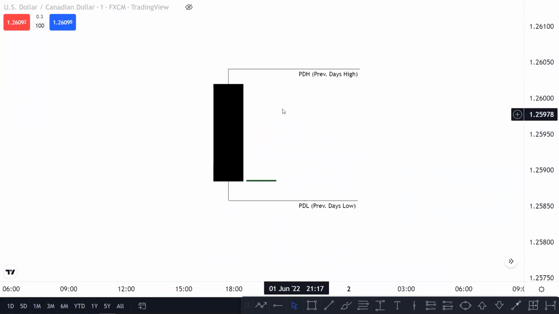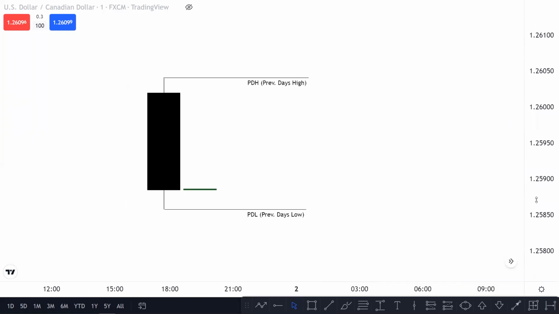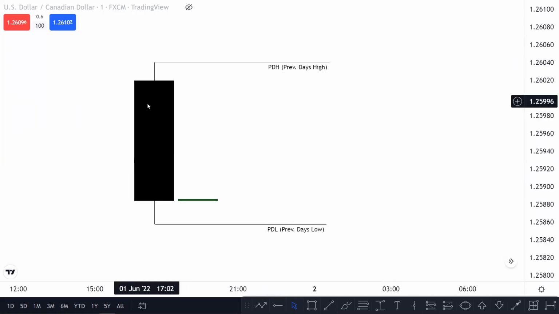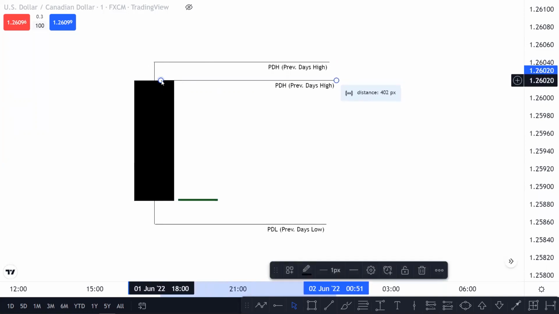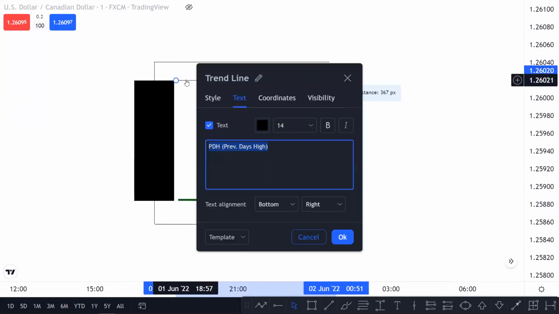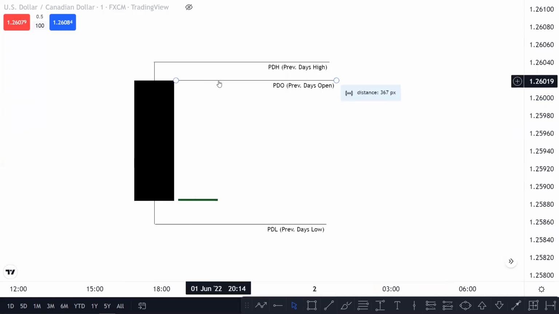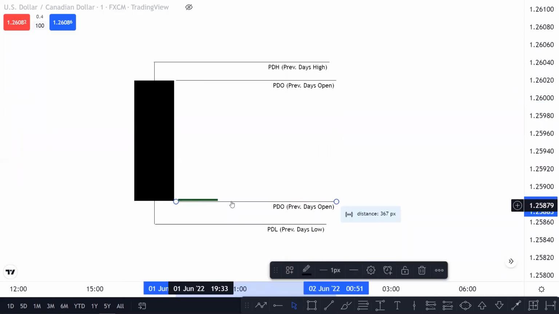Now, let's say, for example, this candle we have was bearish. It opened here. Okay, let's say that is PDO, previous day's open. And PDC, previous day's close.